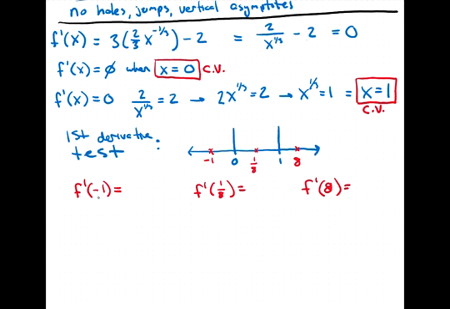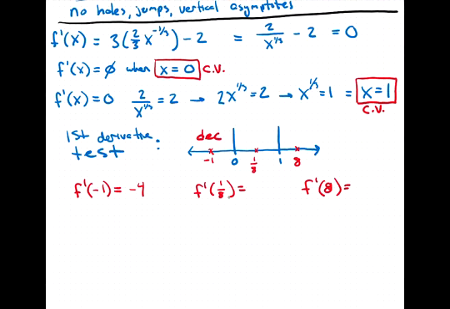So if we plug in -1, we get 2 over -1 minus 2. So that's -2 minus 2, which is -4, which is a negative, which means the function is decreasing. All right, so we could say the function is decreasing here.